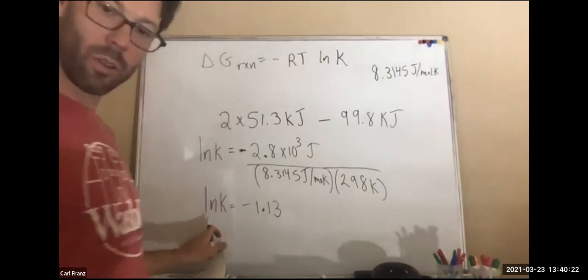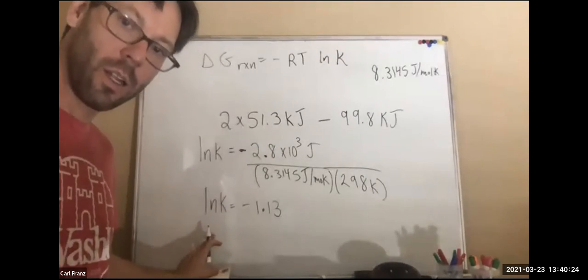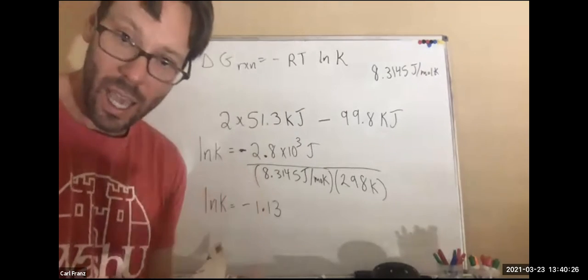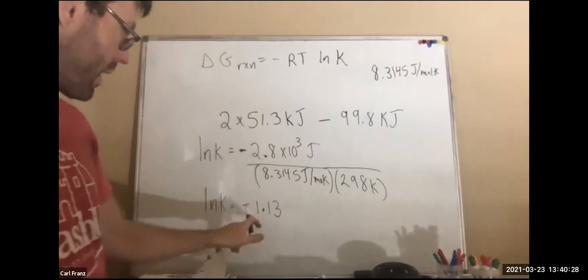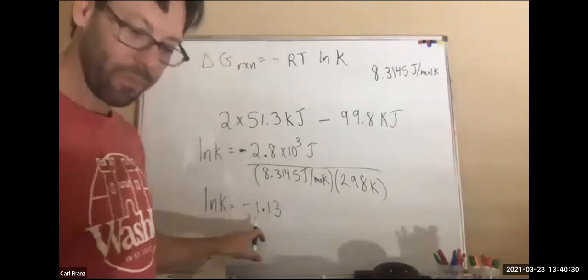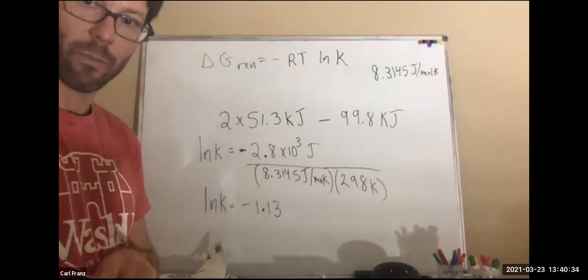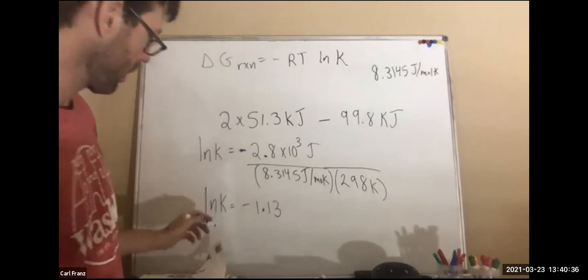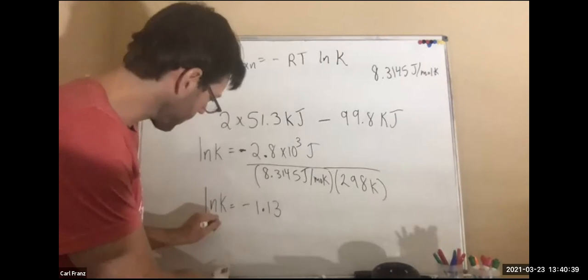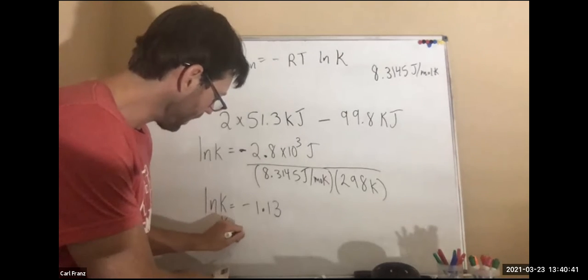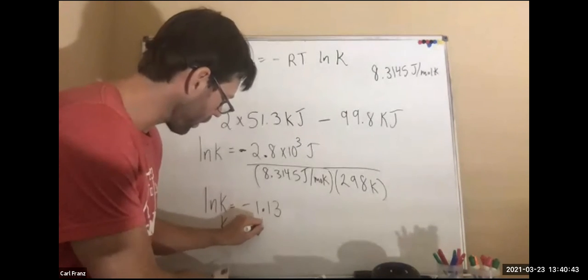Okay. Now, but that's the natural log of K, right? So if we want to get just K, we take e to the power of that natural log of K, right? So, yeah, you can see K would be e to the negative 1.13.